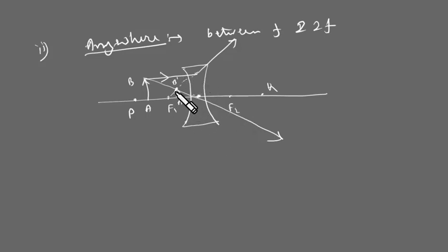So A prime, B prime is the image here, which is in between the optical center O and the first principal focus F1. What are the properties of the image in this case? First of all, it is virtual. Second, it is erect.